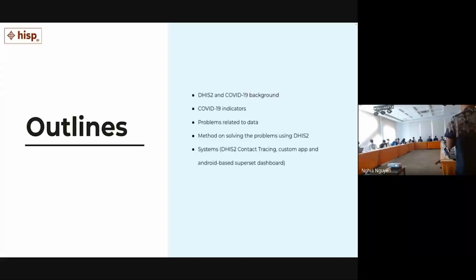The storytelling about the data entry form is a good experience because we used that. Then the contact tracing system is a little different from many of our friends here, like Sri Lanka or other countries, because we customized DHIS2 combined with other applications and integration with many systems in the Indonesian ministry and other ministries.